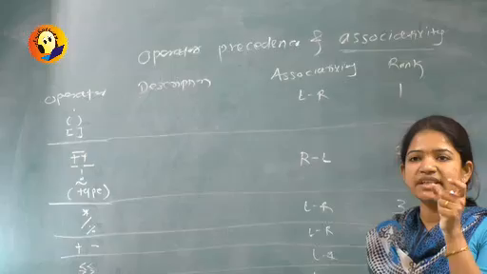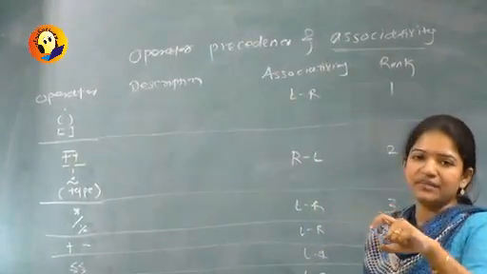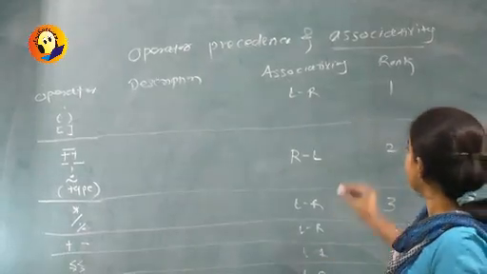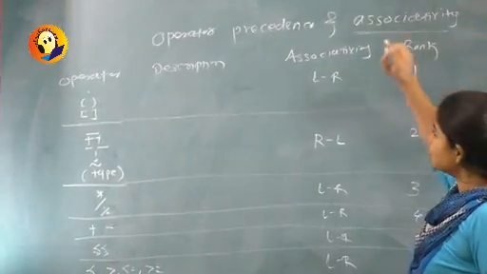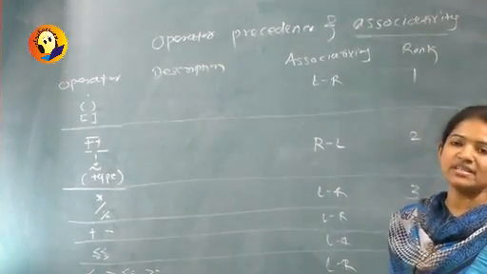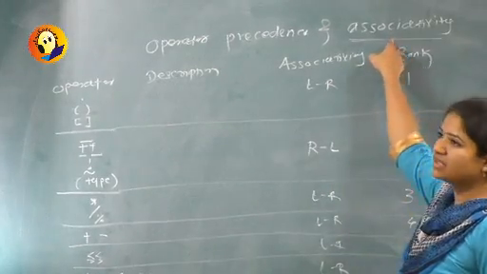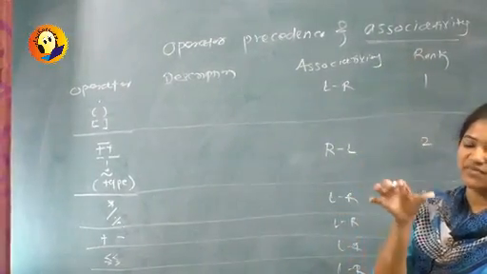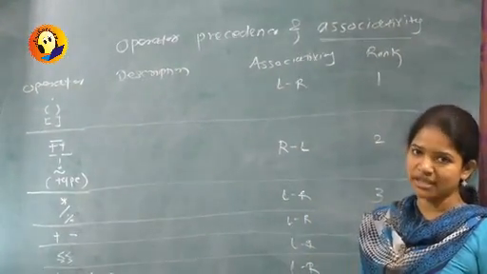Means we need to consider the operations from left to right, or from right to left. That direction is specified with the help of associativity. So these are the two terms, operator precedence and associativity. Precedence is simply priority, and associativity is the direction, that is from left to right or from right to left.